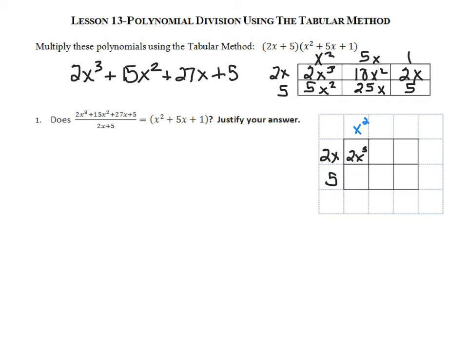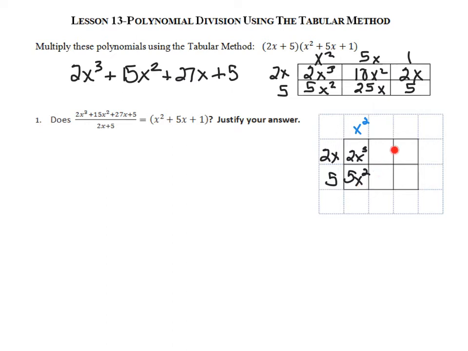Now I take that term and I multiply x squared times 2x, yes, that's 2x cubed. Now do the next part of it, x squared times 5, that gives me 5x squared. Now I'm going to go ahead and look at my original dividend and I say, okay, I really needed a 15x squared next.